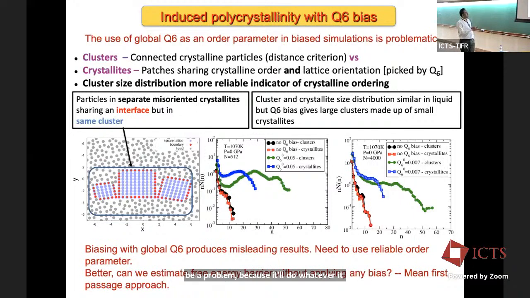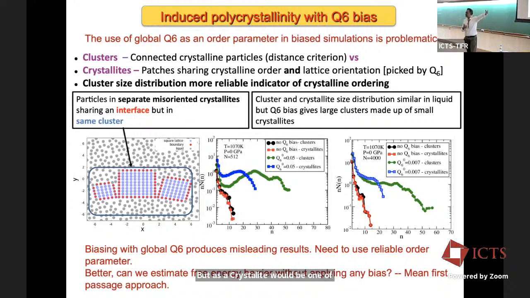So here I show for silicon simulations the result of runs which are done without biasing, where I look at both these measures, the size of the clusters and the size of the crystallites. The clusters are basically the sum of all of these, whereas a crystallite would be one of these, right?